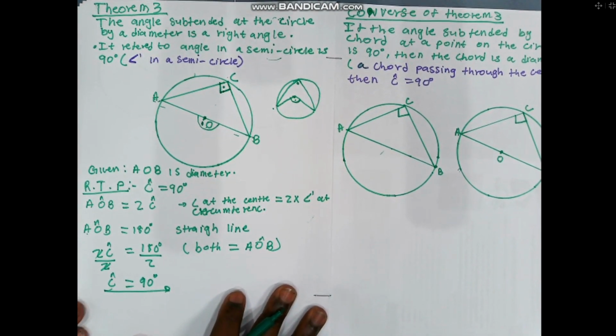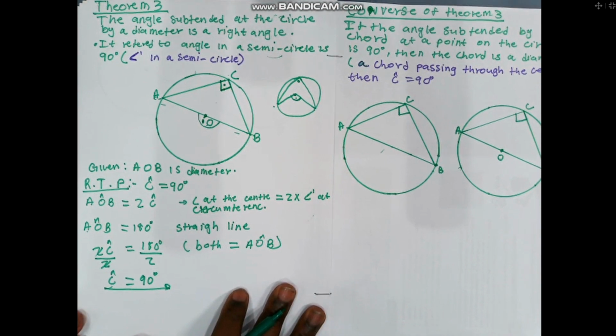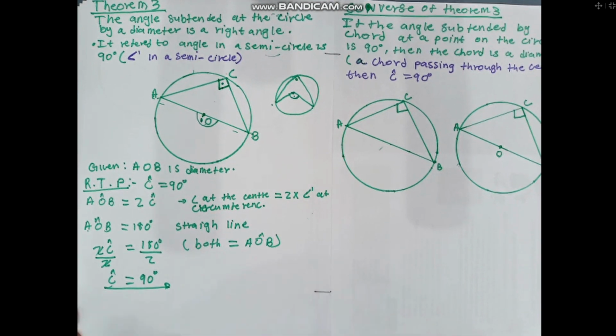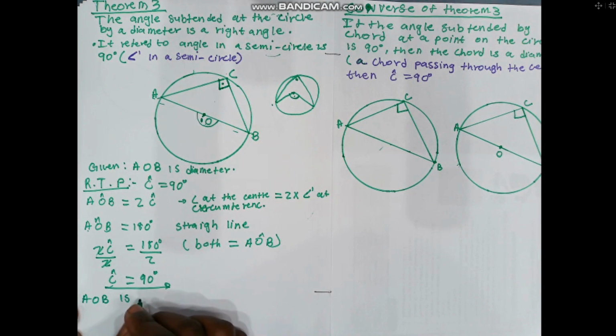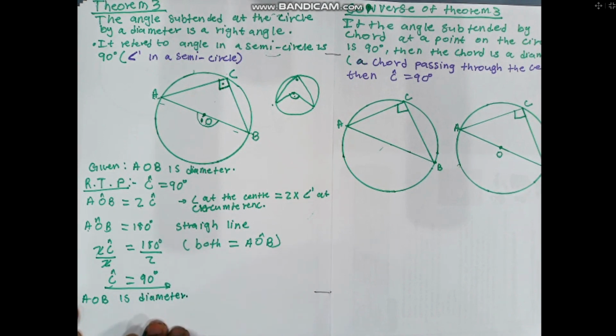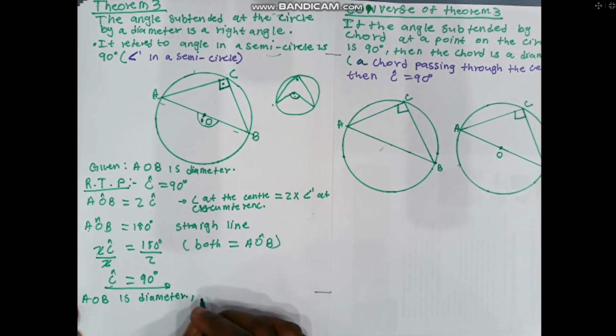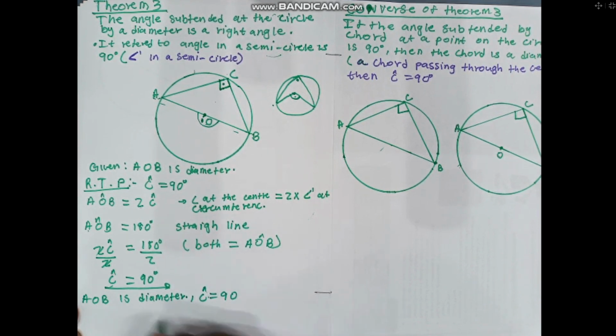So now, let's say we have a question, and they tell you that AOB is a diameter, without proving now, then your conclusion is just going to be that angle C is 90 degrees.